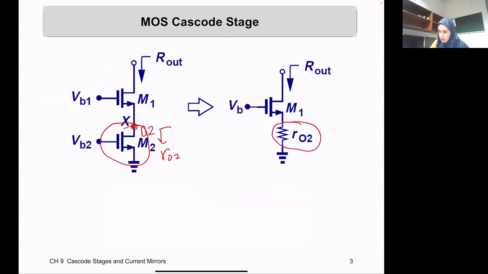Therefore the output impedance R out will be exactly the same as previous, only we are replacing RS with R out 2. So we will have R out 1 plus GM1 R out 1 R out 2, plus R out 2.